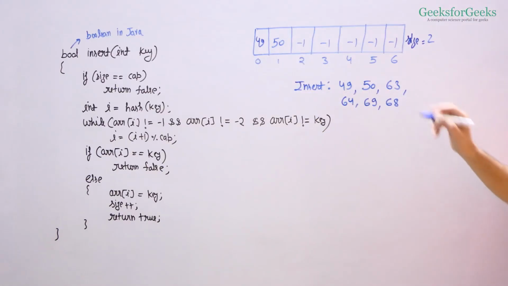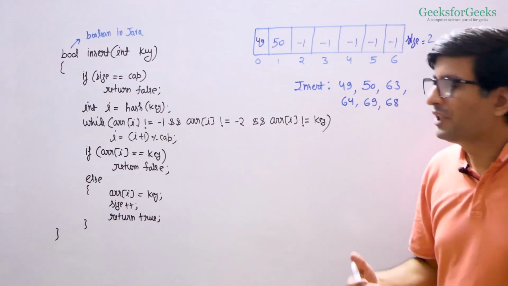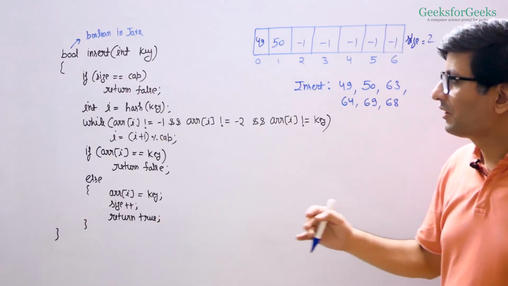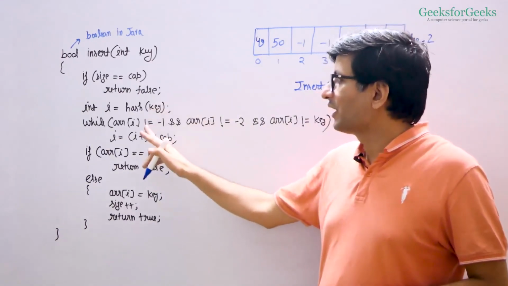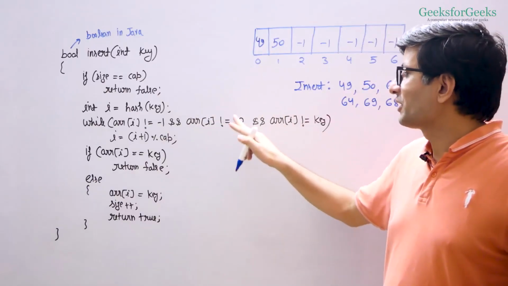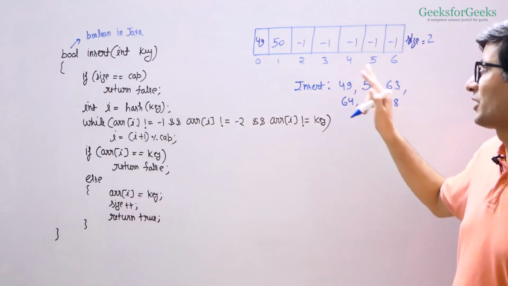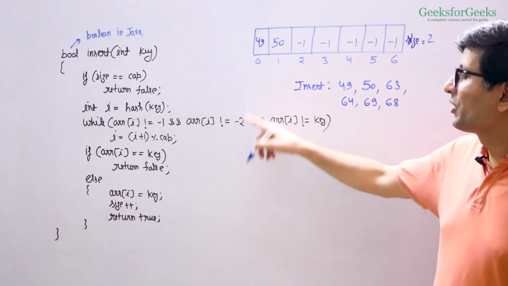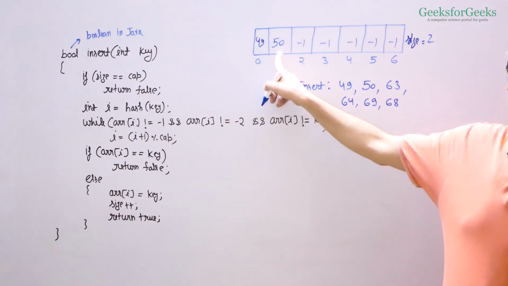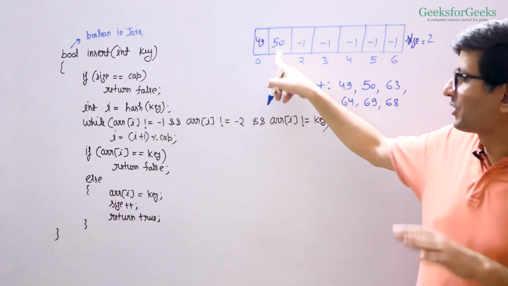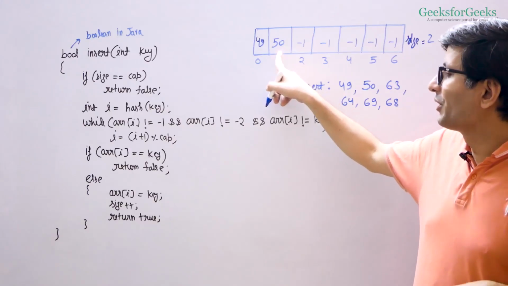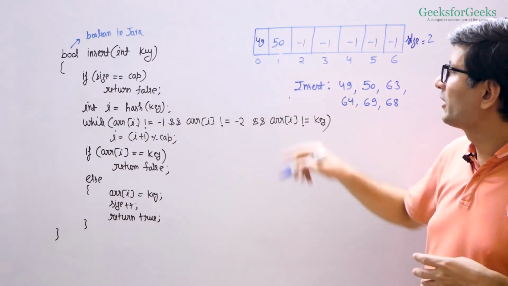Now we insert 63. This is an example of linear probing. When you insert 63, you compute the hash function as 0 and go to that location. It's not -1, it's not -2, and it's not 63, right? It's 49. So we go to the next location. It's again not -1, not -2, not 63. So we go to the next location, and this time you see a -1.